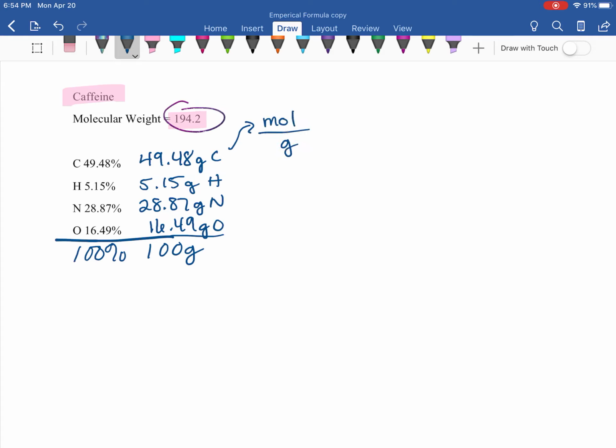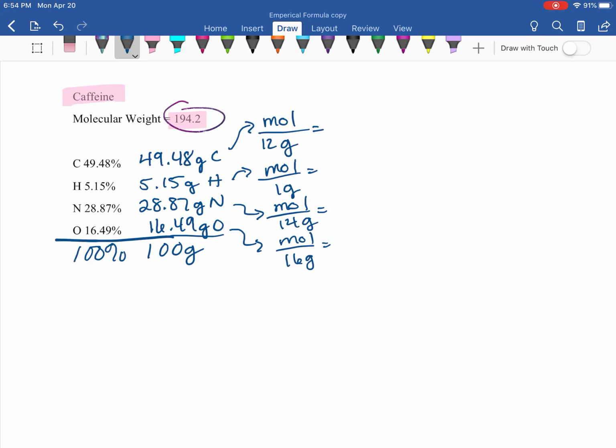Okay. All right, let's go through our process. Let's convert them all. I'm going to spread out just a little bit so I have a little bit more room to write. Let's convert them all to moles. Nitrogen, anybody remember what that one is? 14, and then oxygen, 16.